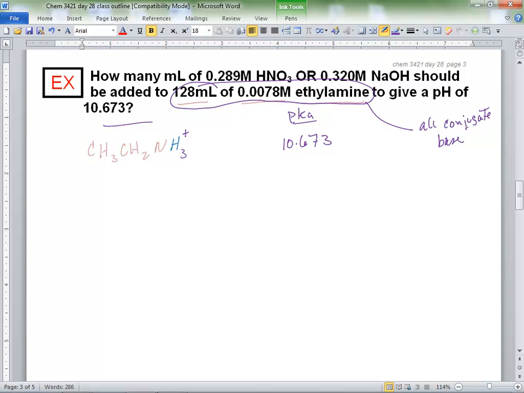That means, Victoria, you have to add the nitric acid, because a base is going to react with a base. So it implies you must add HNO3 to adjust pH.